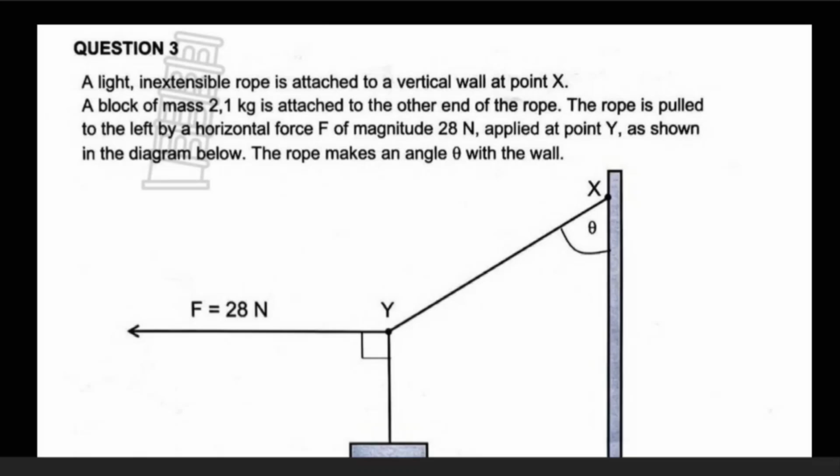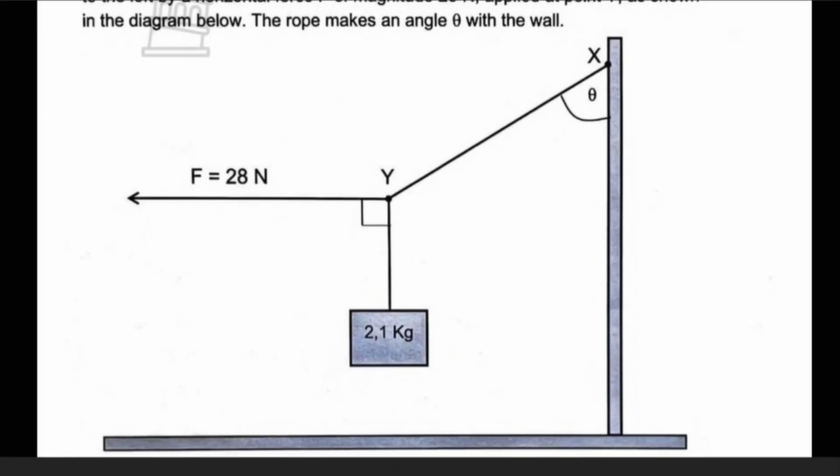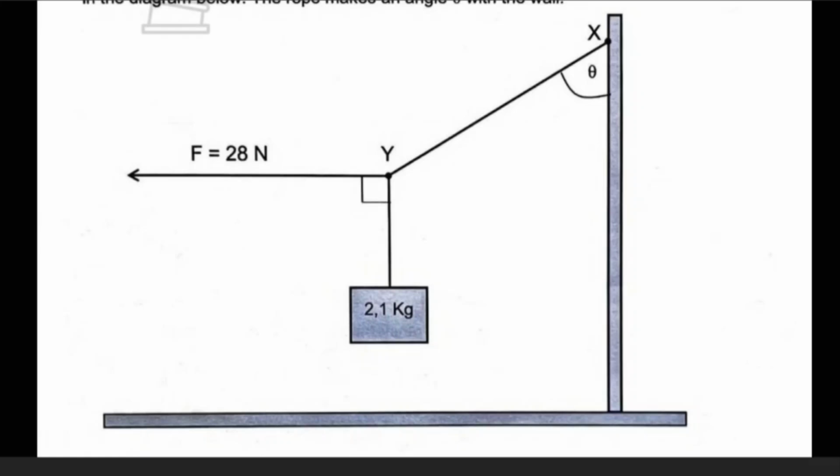So whatever they've mentioned here, we can actually see it on this diagram. But when you get something like this, there's one main thing you need to understand: there is going to be a central point that experiences all the forces.